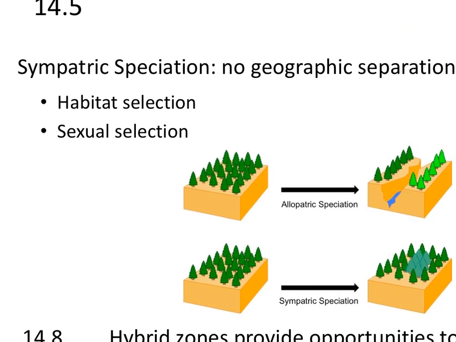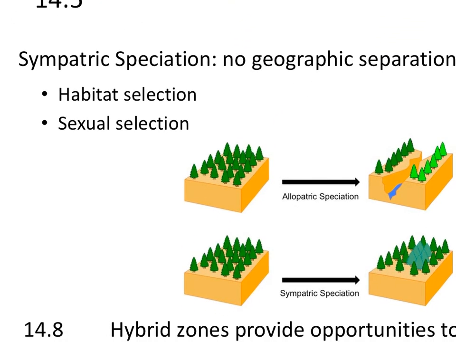However, there doesn't always have to be a physical separation. Sym means same, so sympatric speciation occurs when the organisms are in the same geographic location, but then something prevents them from breeding within that same location.